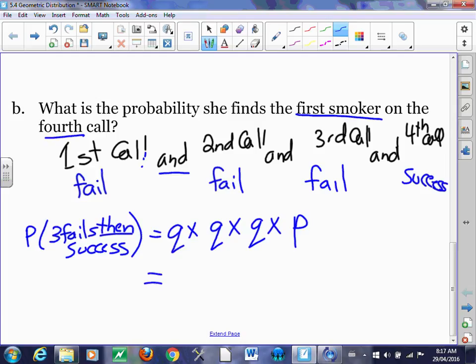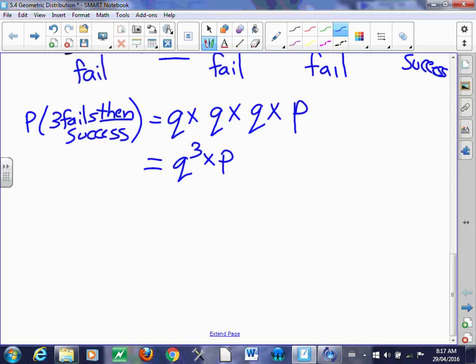So how many Q's do we have? We have Q to the power of 3 times P. Okay, now if we plug that in, we've got 0.7 to the exponent 3 times 0.3 for the success.